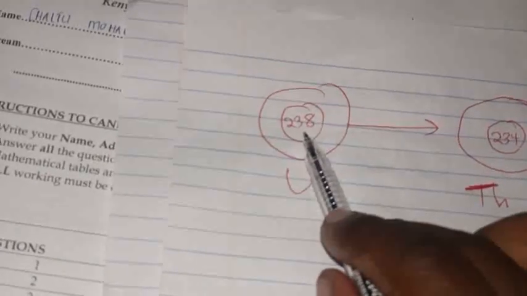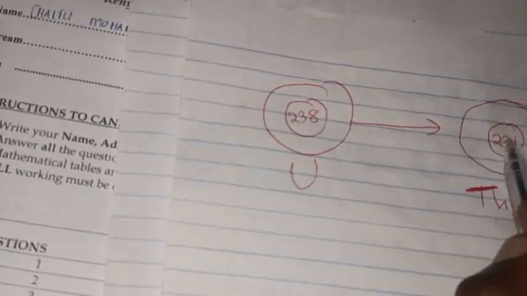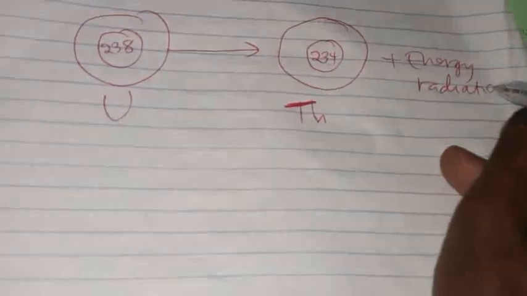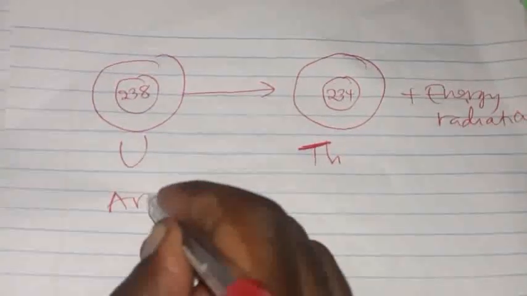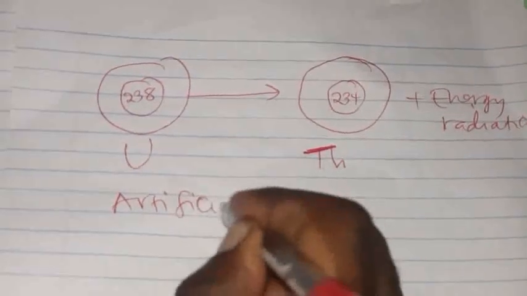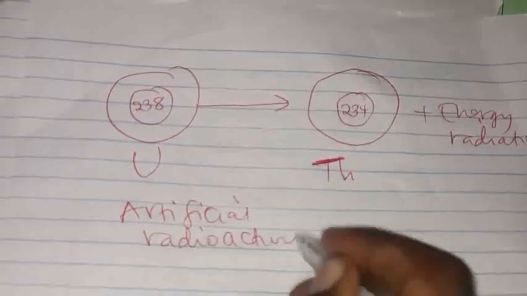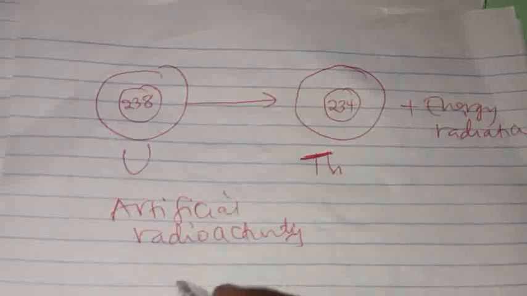A very unstable nuclide splitting to give rise to another nuclide that has a different mass number. But together with this, you can also emit energy and radiations. Correct. When someone talks about artificial radioactivity, it occurs when a large stable nuclide.